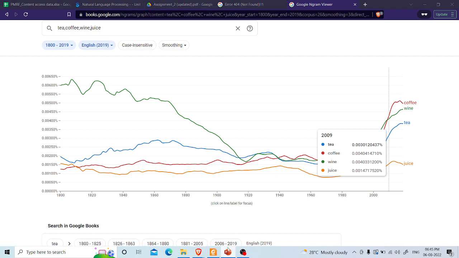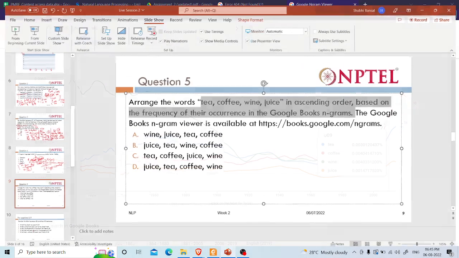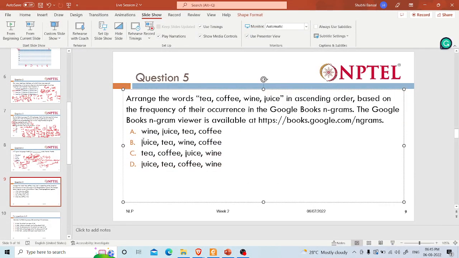We have a similar option here: juice, tea, wine, and coffee, option B. Since they didn't specify the year, I don't know, but the correct answer is option B here. So please take note of it, and we were to arrange it in ascending order just by going to this link. Not a big deal.